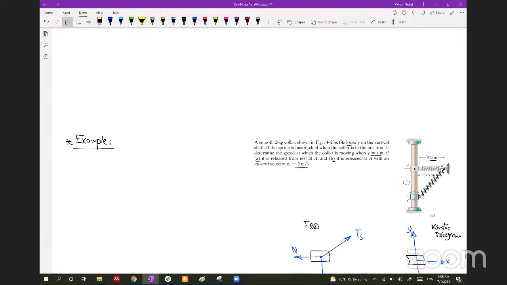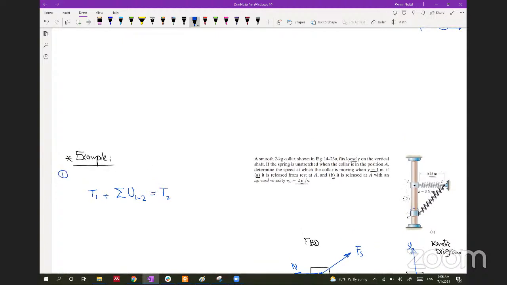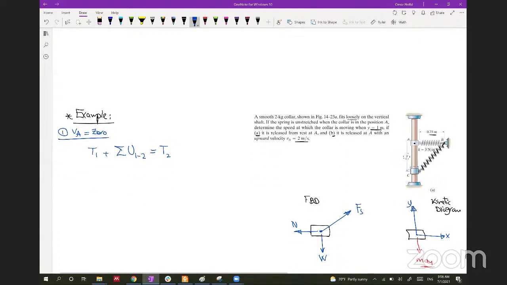So let's first use T1 plus the sum of all the work from 1 to 2 equals T2. We will start with requirement number 1, which is VA equal to 0, assuming the body starts from rest. What are the forces exerting work on this body?